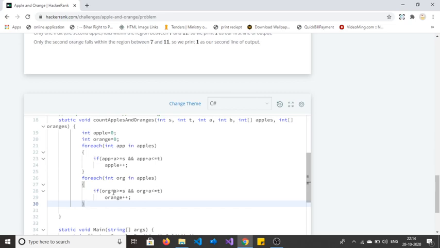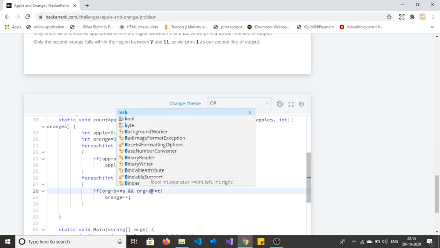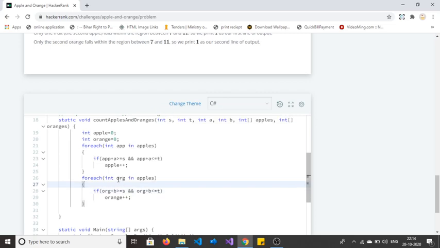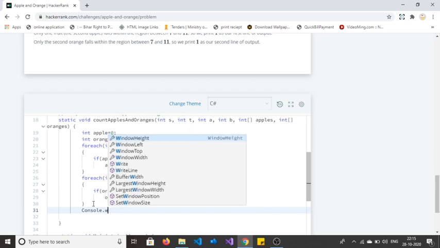If the orange plus, no, this item would be B, not A. If the present item plus the initial point, that is B, is greater than or equal to S and less than or equal to T, then only I will increment the orange. Finally, I am going to print using Console.WriteLine.